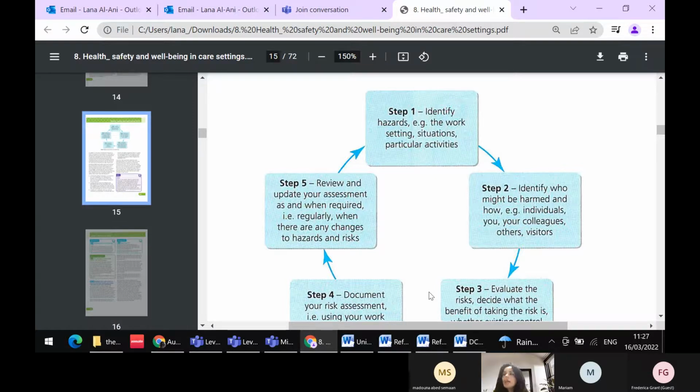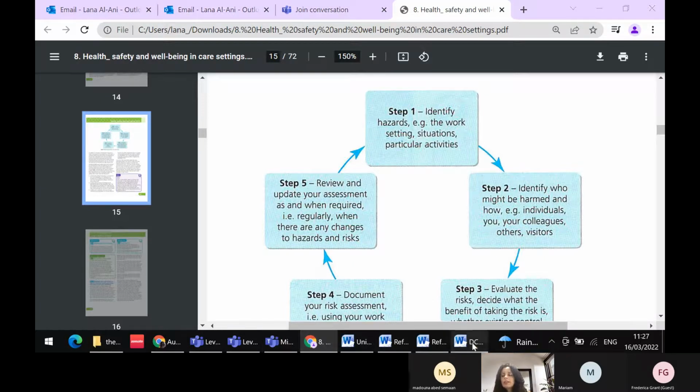If yes, then maybe I need to change the way I'm doing it. So review and update your risk assessment regularly. When there are any changes in the hazard, if there are more accidents happening or a different type of accidents, then I need to update my risk assessment. Start looking at these specific points.